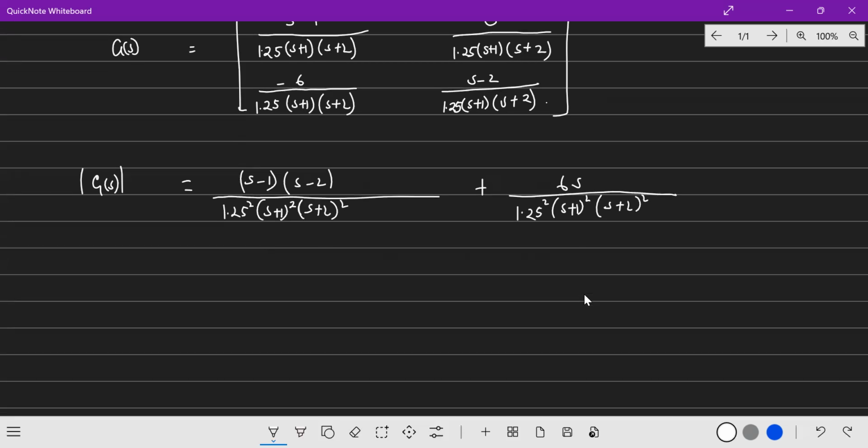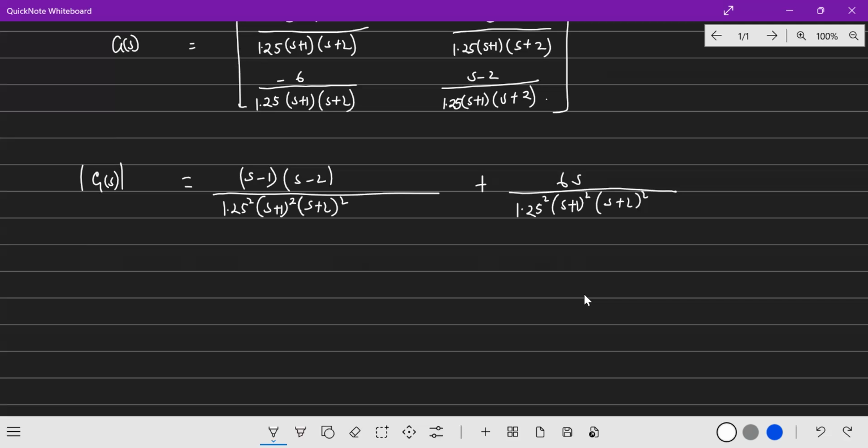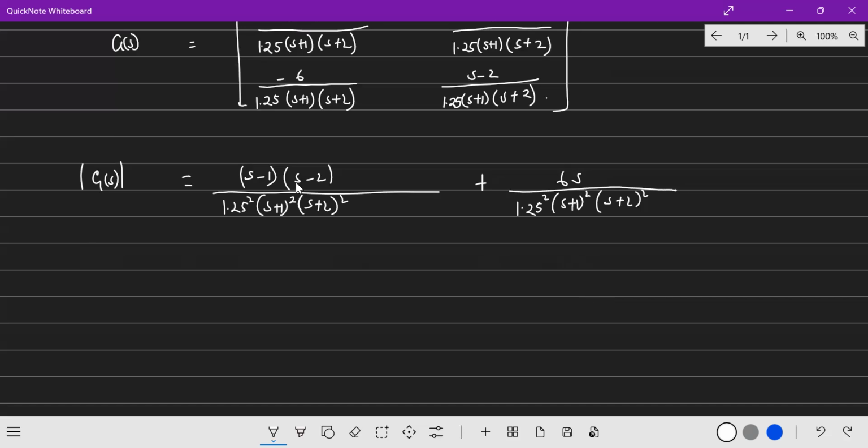The next thing is to combine these, as you can see they have the same common denominator. Let's not complicate things here. So this is S minus 1, S minus 2, plus 6S, over 1.25 squared, S plus 1 squared, S plus 2 squared, right?